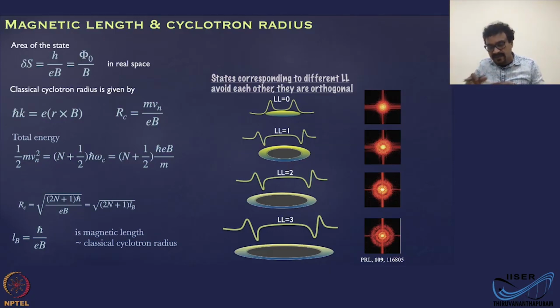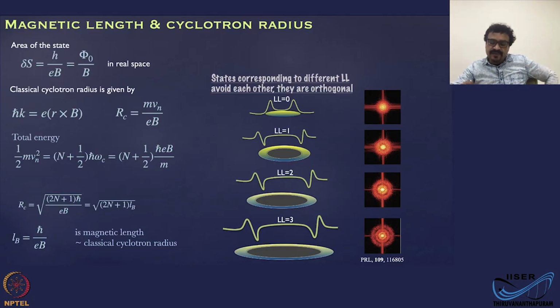So the magnetic length is the physical dimension of the spread of each state in real space. We know that each state is represented by something like this, which refers to the cyclotron motion of the electron.